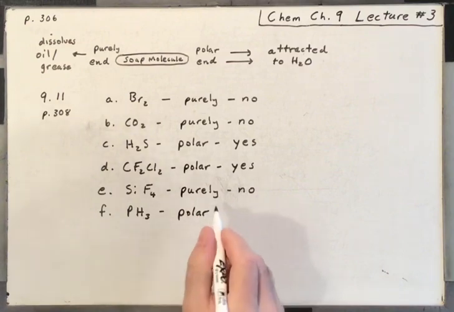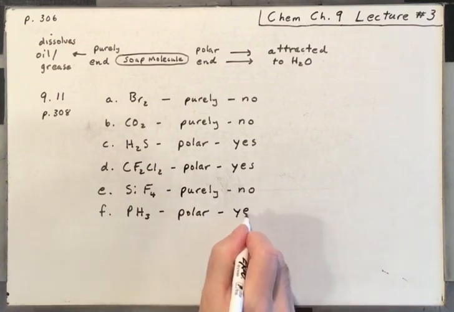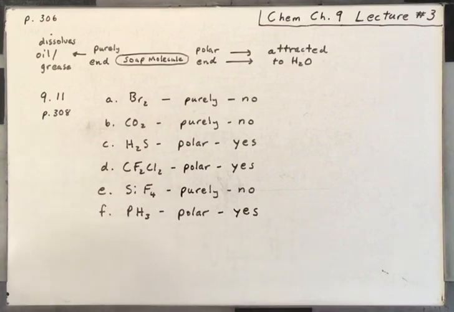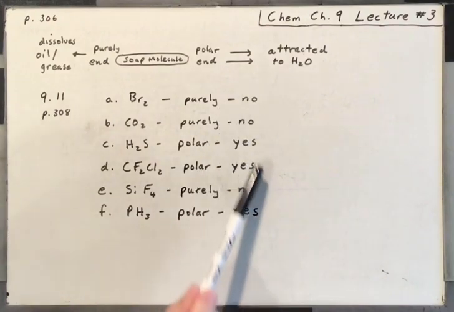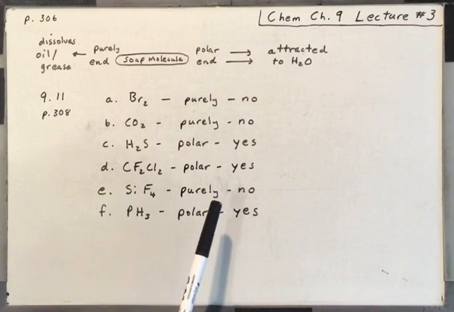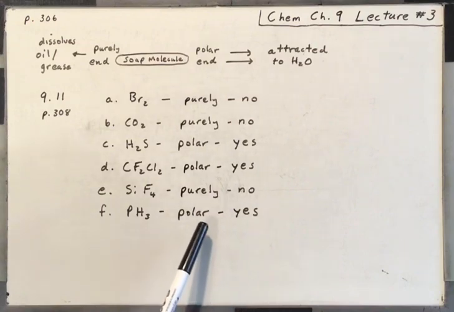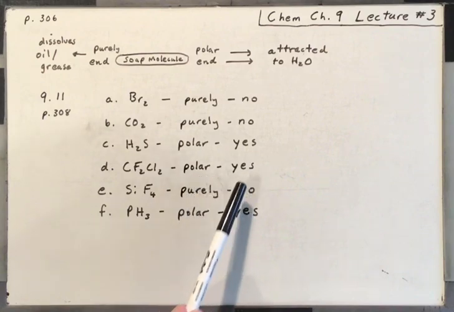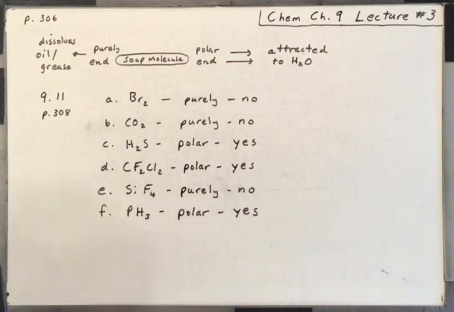You can see it if you draw it out, just like we did. So yes, it will dissolve in water. I find on the test that some students miss these. I don't think it's a hard question at all. You just have to know if it's polar or purely. Polar, yes, will dissolve in water. Purely, no. So just be careful on that.